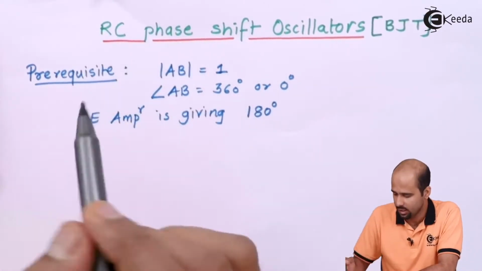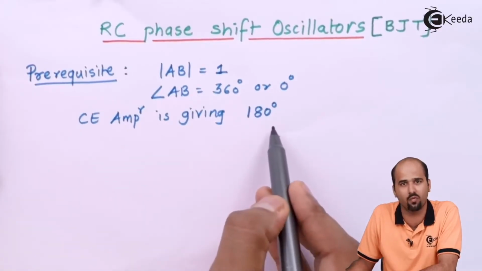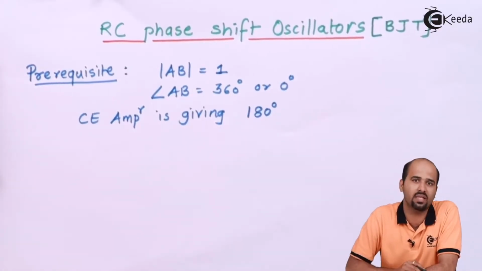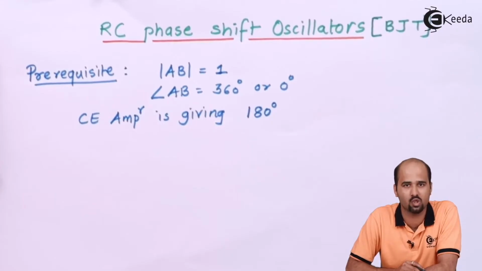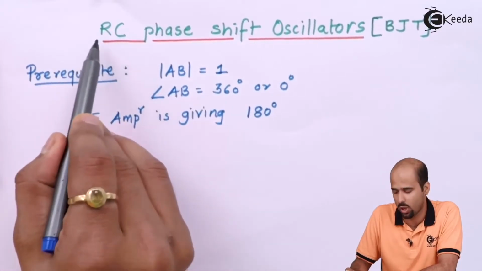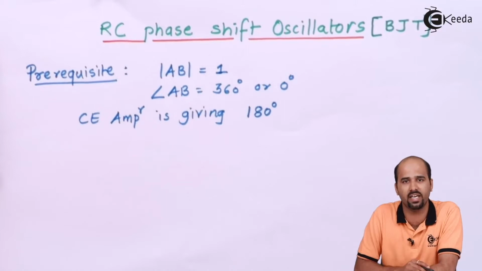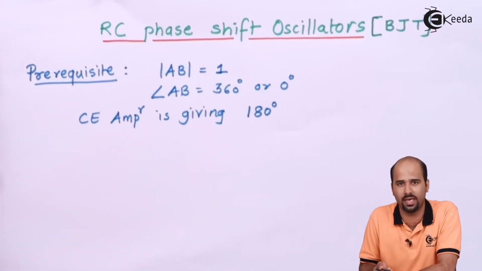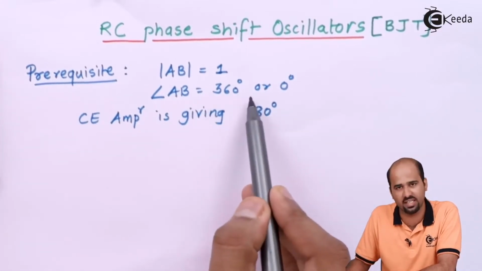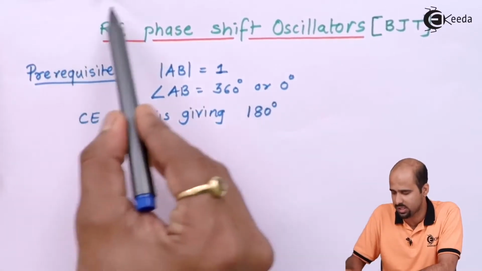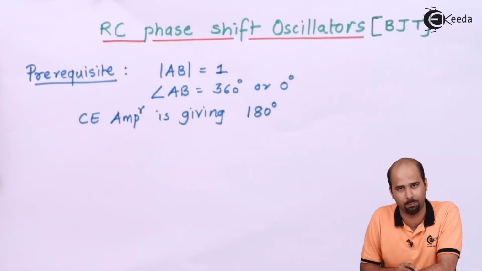The required phase shift of 180 degree is given by the feedback circuit, and that feedback circuit is obtained by passive components R and C. So the RC network gives a phase shift of 180 degree to form the oscillator criteria of 360 degree. That's why the name is RC phase shift oscillator, right?